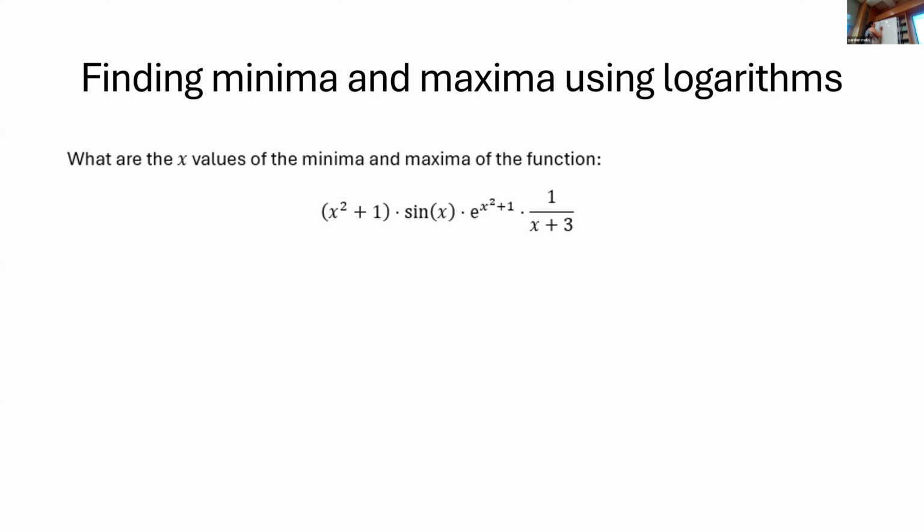And then the product law says that the first way to calculate it is, first we need this derivative, which is 2x, multiplied by sine x times e to the x squared plus 1 times 1 over (x plus 3), and this is plus the original function with this derivative, right? You see where it is going?